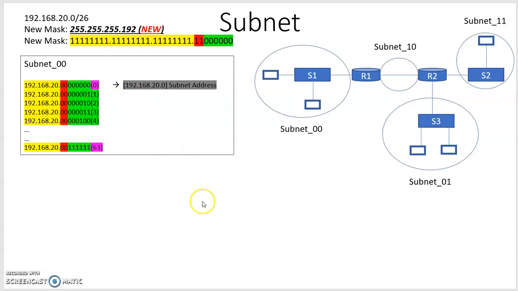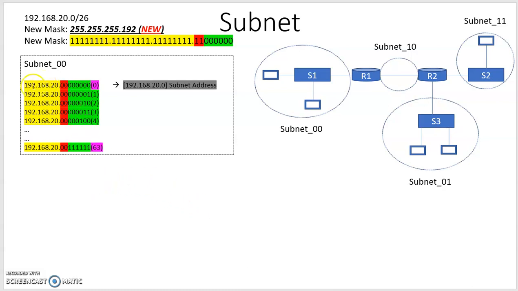How do I know that a particular IP address belongs to a particular network or subnet? We take the IP address and the corresponding subnet mask, and perform the binary AND operation, and if the result leads to that same address, the same subnet number, or network address or network number, then we say that particular IP address belongs to the same network or subnet. Otherwise, it belongs to a different subnet or different network.